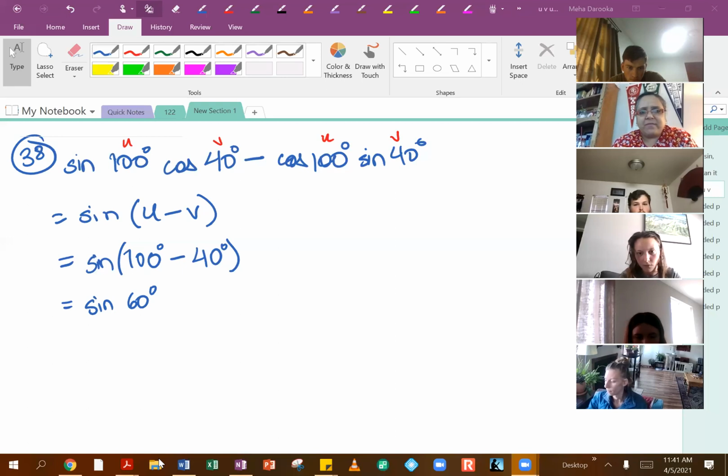Yeah, so what will we have for sine of 60 then? Let's see, I've got square root of 3 over 2. I'm guessing you meant square root of 3 divided by 2. Those are really the same thing, okay?